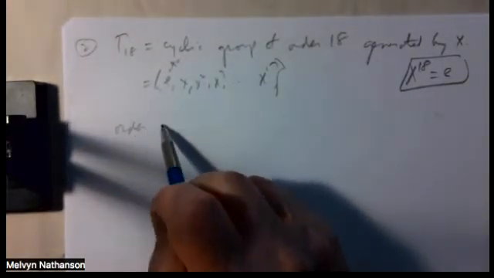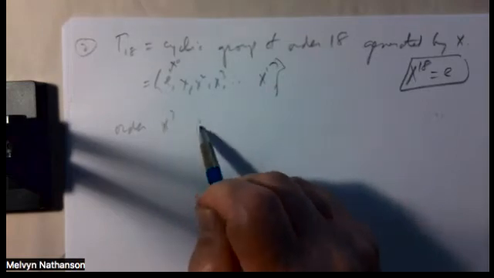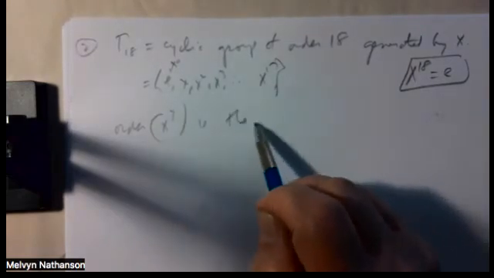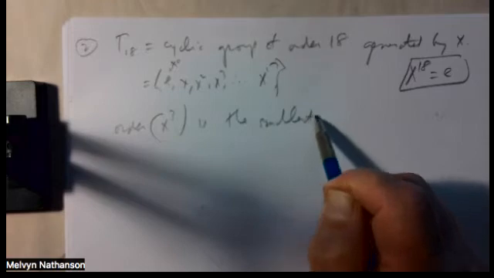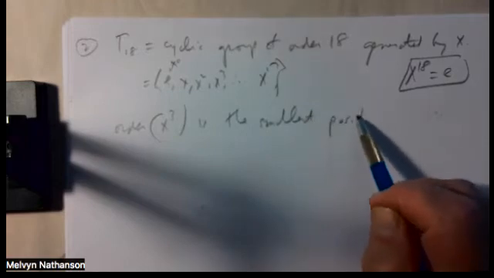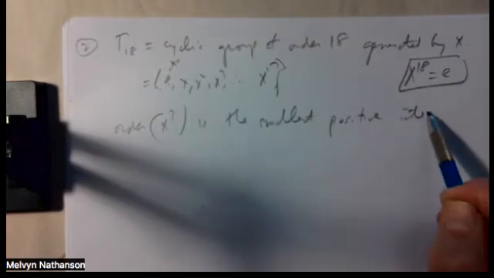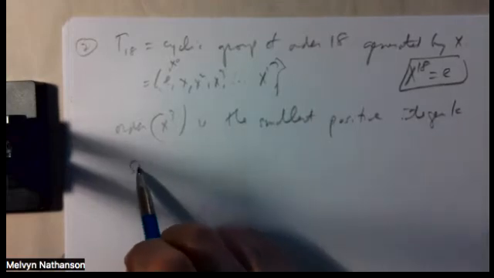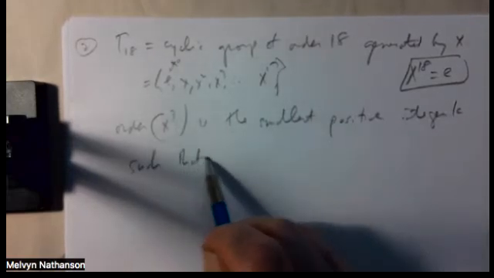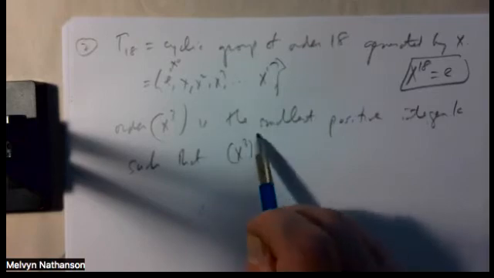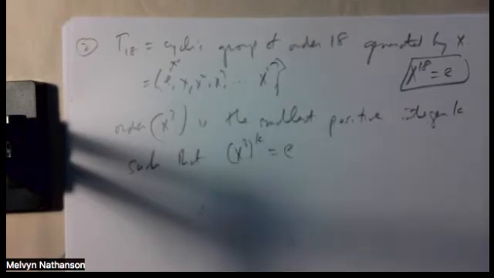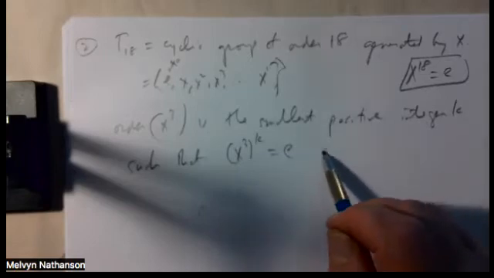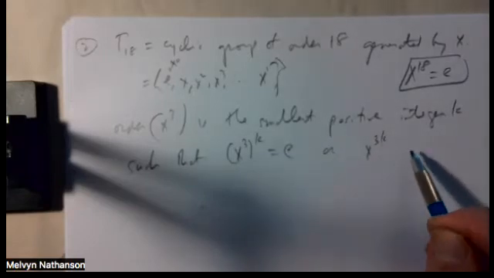The order of x cubed is the smallest positive integer k such that x cubed to the k is the identity. X cubed to the k is x to the 3k.